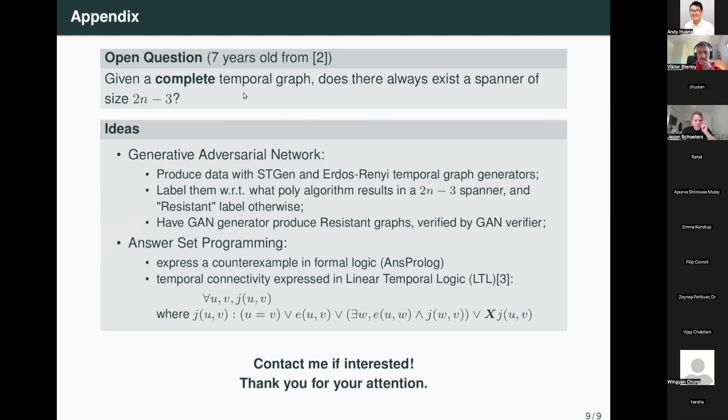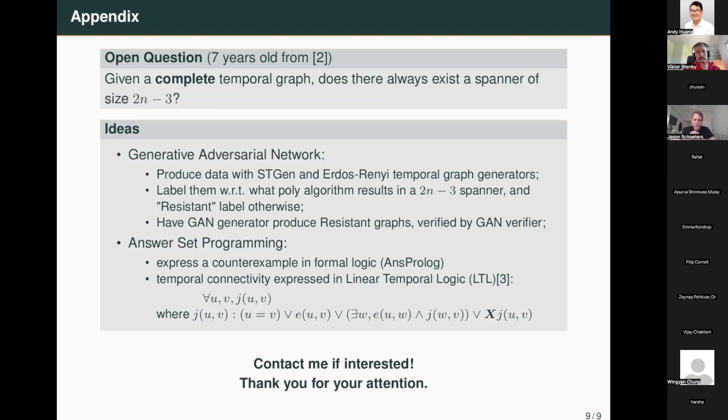And so we had some nice results in there, but there's still this one open question which remains, which is the following. If I give you a complete graph and then put some times on the edges, can you always delete a lot of the edges so as to just have a very sparse spanner which maintains all-to-all connectivity?